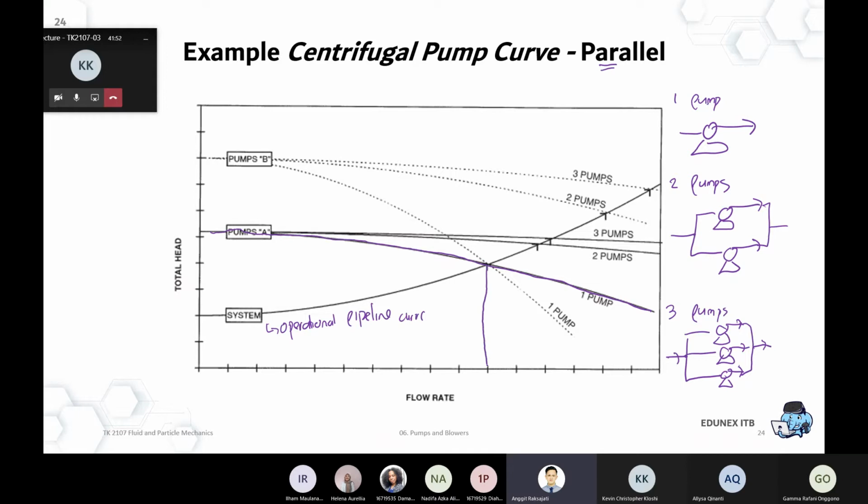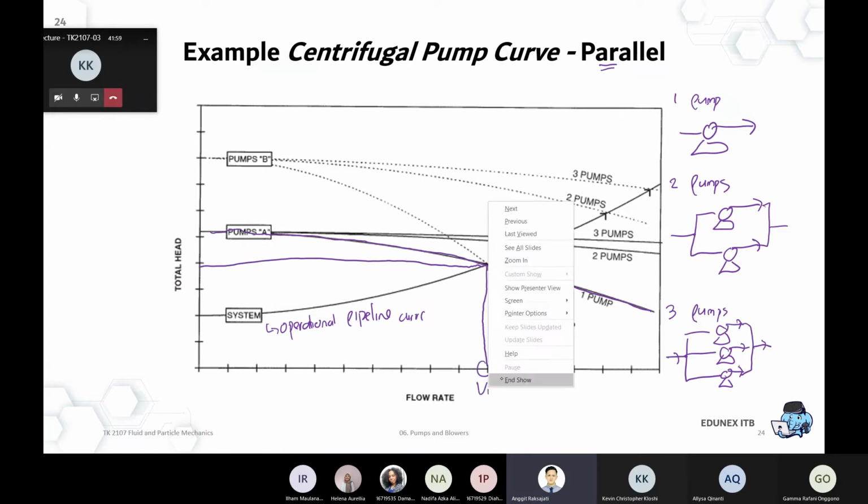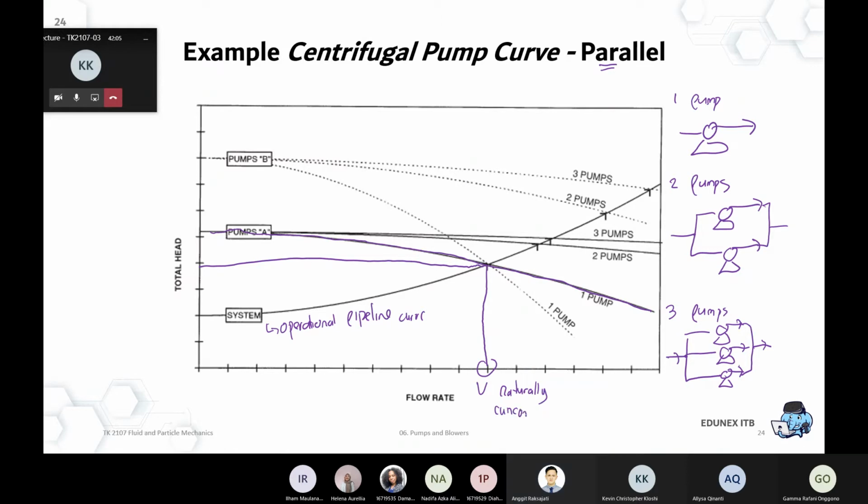The intersection will give you the balance of the pressure. That would be your V1 naturally or uncontrolled, and that would be your head 1.